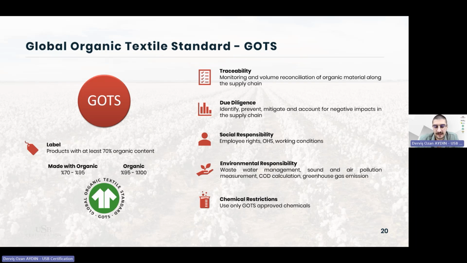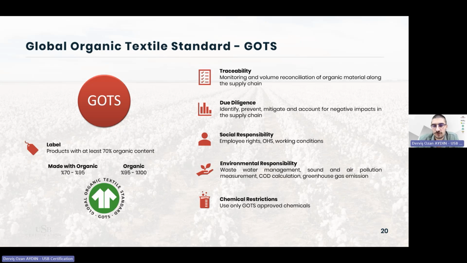GOTS has the same traceability exercises, but in Textile Exchange, it is under CCS, the Content Claim Standard. But since GOTS is a different program, it's not under CCS. GOTS has its own chain of custody system actually. But the requirements are the same.